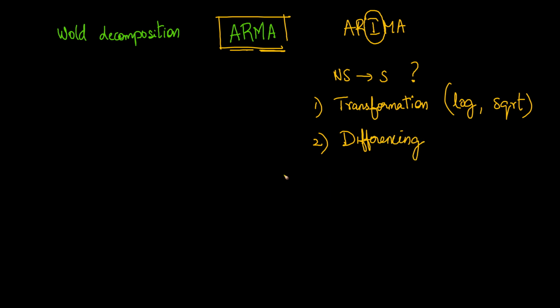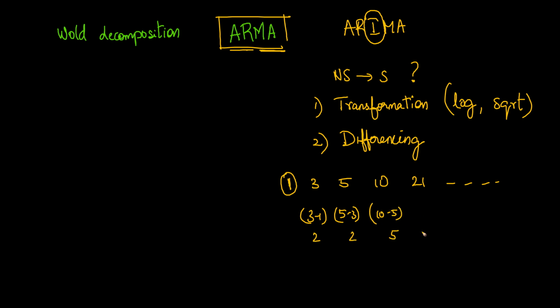Suppose this is your series. Let's take 1, 3, 5, 10, 21, and so on. Differencing means you are subtracting the current value from the next value. So the differenced series would be 3 minus 1, 5 minus 3, 10 minus 5, and so on. So this is 2, 2, 5, 11, and so on. This is the differenced series.